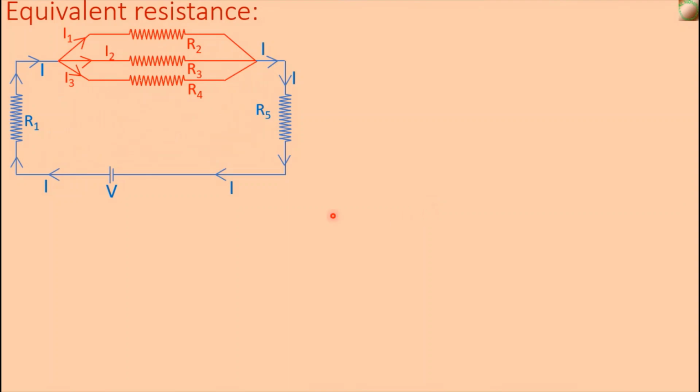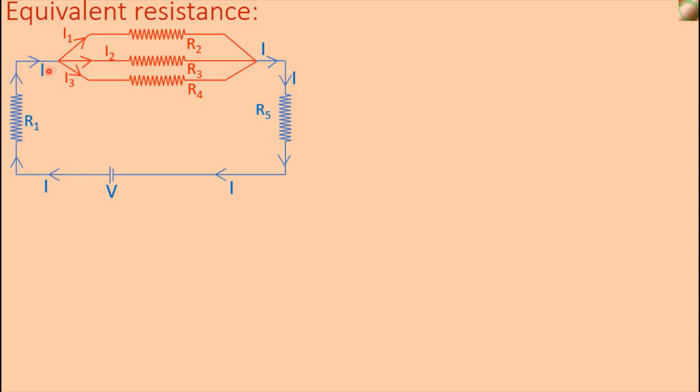Here another circuit. Now R1, R2, R3, R4 and R5, 5 resistances are connected in this circuit. Here V is the electric source, that is potential of electric source is V, and I current is flowing through this circuit. I is the main current. Here I current is flowing through the resistance R1 and then in this direction.